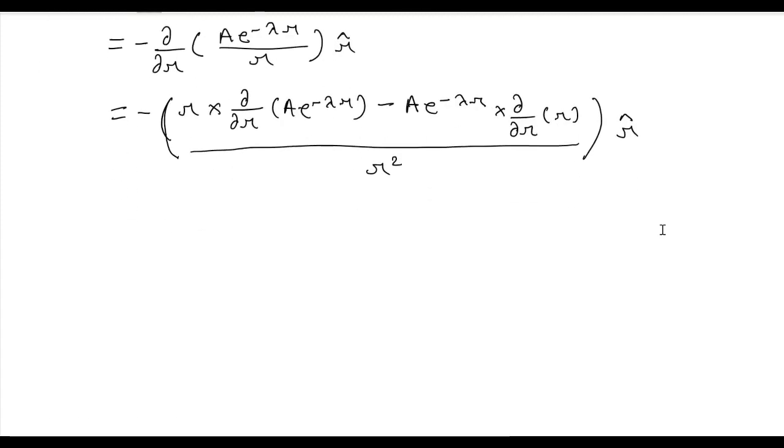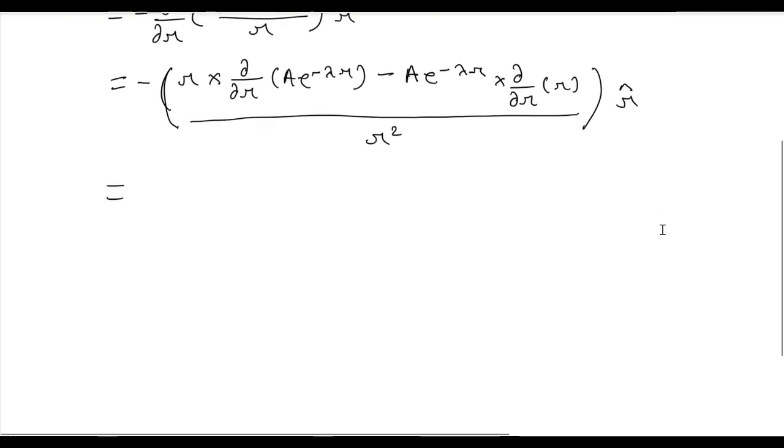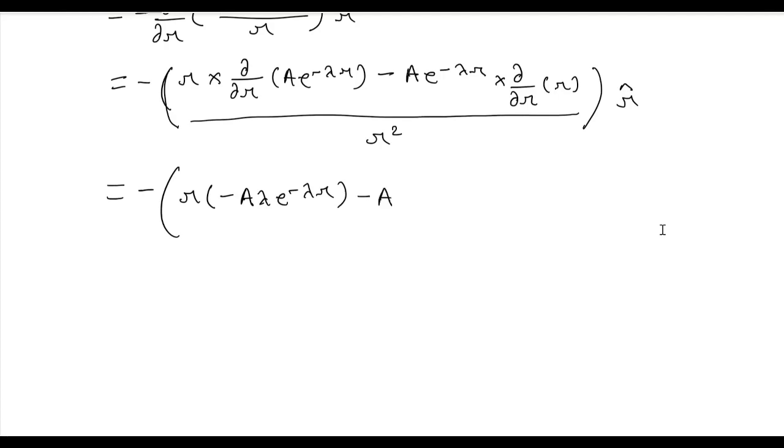Now we just simplify this expression. That would be r times minus A lambda e to the power minus lambda r, minus A e to the power minus lambda r times 1, since the partial derivative of r with respect to r is 1, all over r squared, r hat.